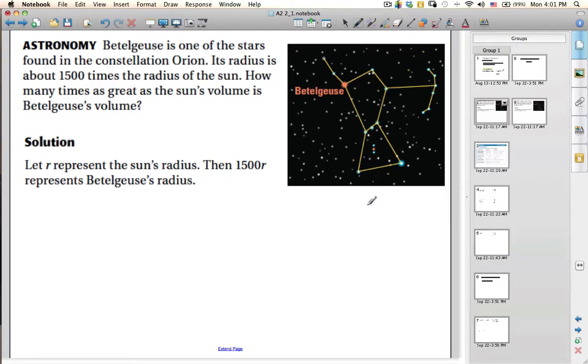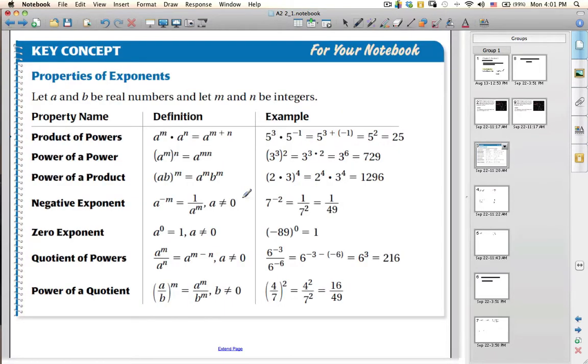So as we work on a problem like this, talking about Betelgeuse, which is one of the stars found in the constellation Orion, it's right up here at Orion's shoulder, has a radius that is 1,500 times the radius of the Sun. If we want to then make a comparison of the volume of Betelgeuse to the volume of our Sun, we can use the properties of exponents to go ahead and work with that. So we'll solve this problem a little later, but here's some background information for you.